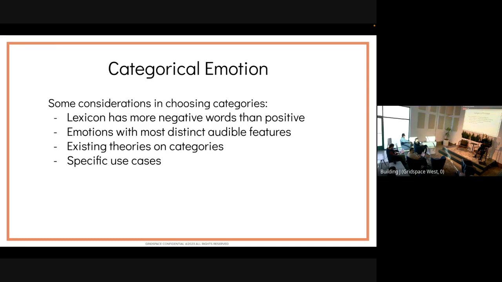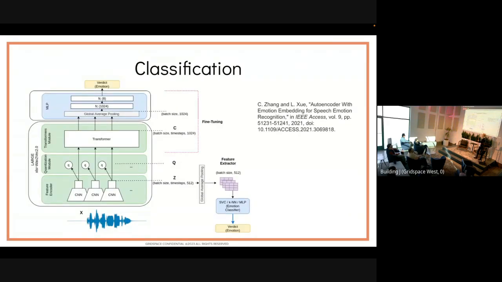You probably want to choose emotion categories with distinct features, as far apart from each other as possible. You can look at existing theories and also specific use cases, like what you specifically want to be able to identify between.